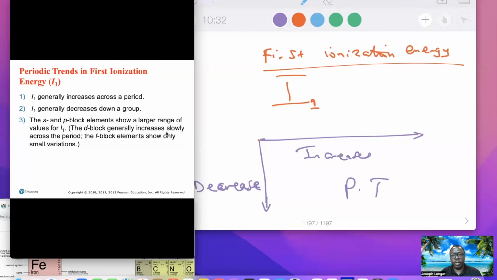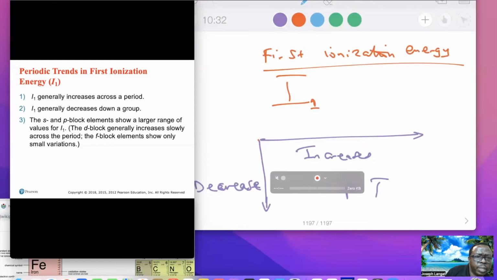The reason why I'm bringing this up is you may be given a multiple choice question of elements on the periodic table, and you are asked which one of the following will have the highest first ionization energy, or the lowest ionization energy, or to arrange the following according to increasing first ionization energy. It will be a function of understanding the trend on the periodic table. Then you just have to eyeball.